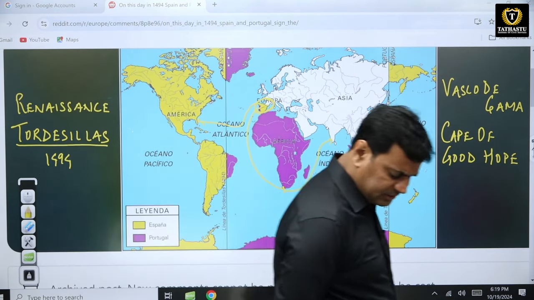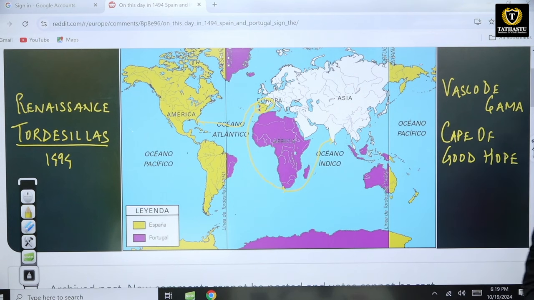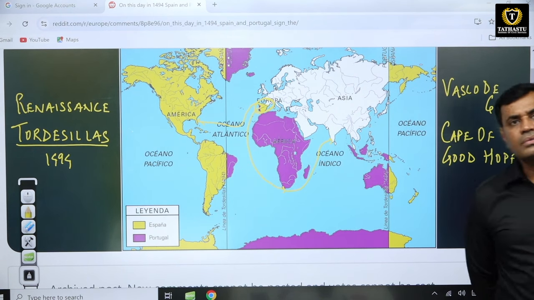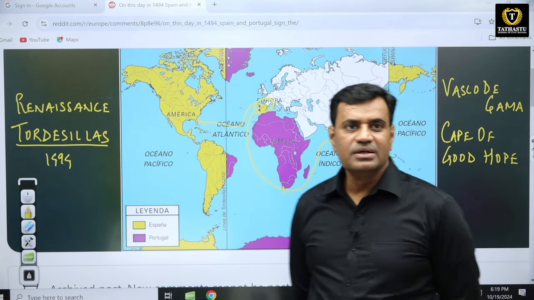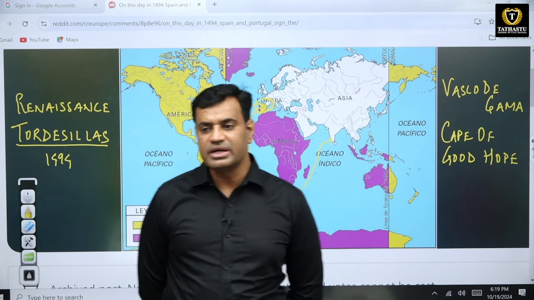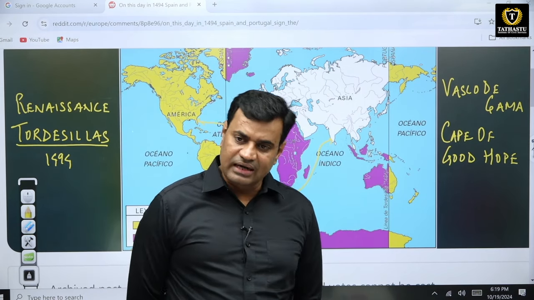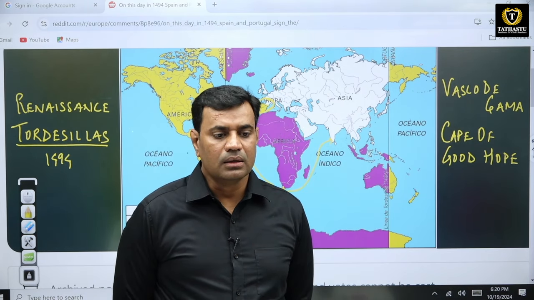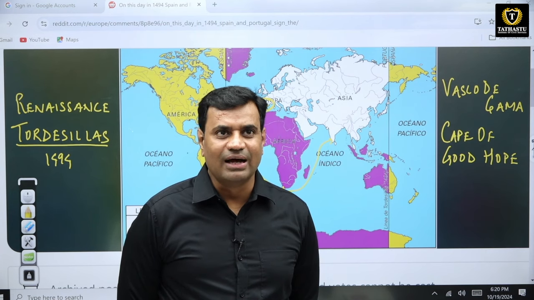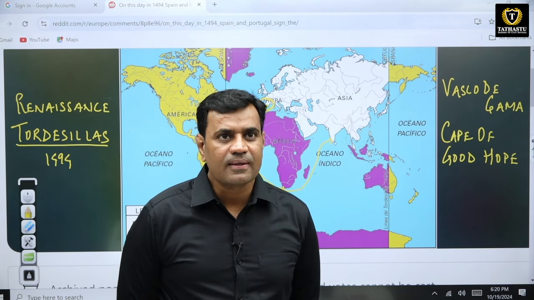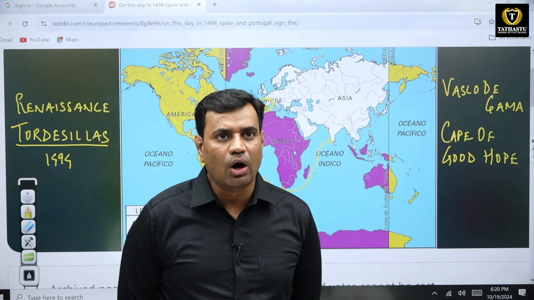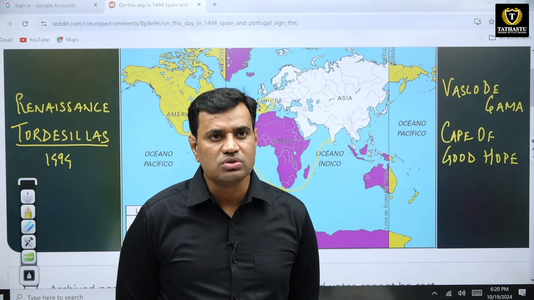Thereafter, several Portuguese arrived on the western coast of India.